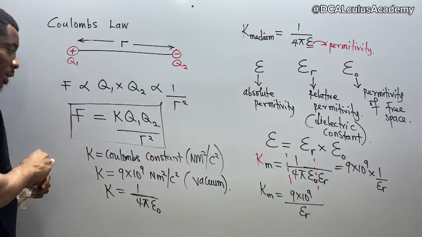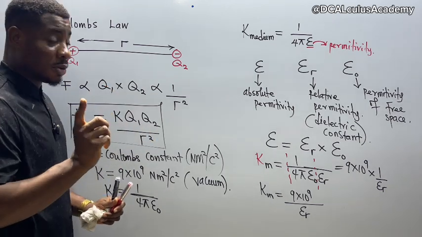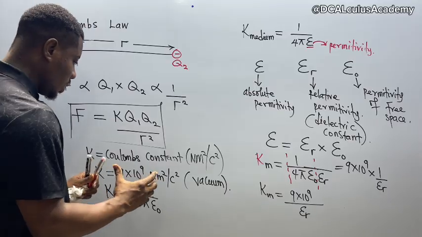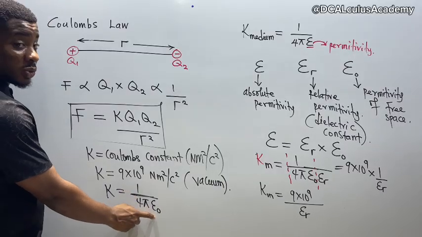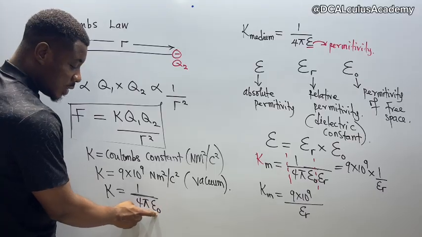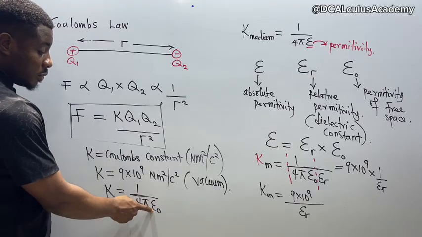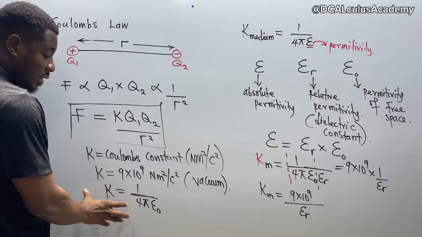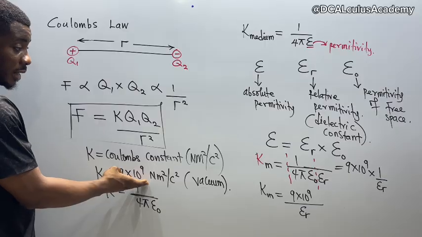Now I'm going to show you how we can represent this formula in different forms depending on how the question comes. What we've said here is that K is equal to 1 over 4 pi epsilon naught. When it's epsilon naught, remember that the charges are in a vacuum, and K should be 9 times 10 raised to power 9.